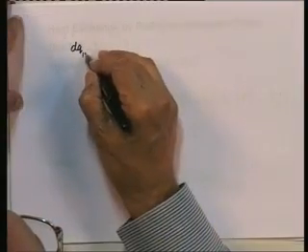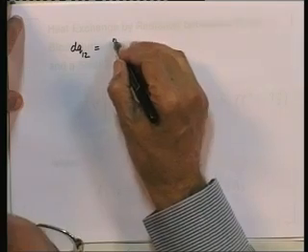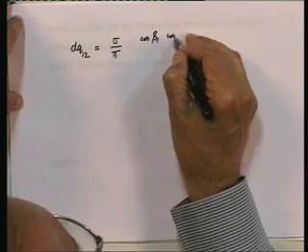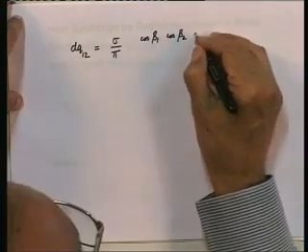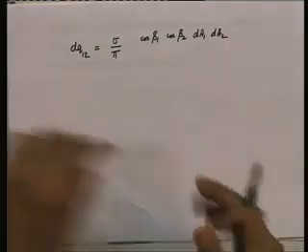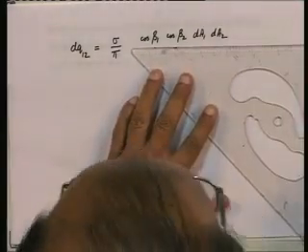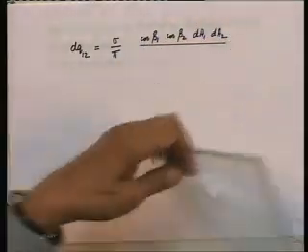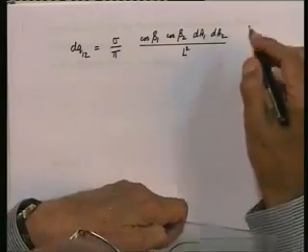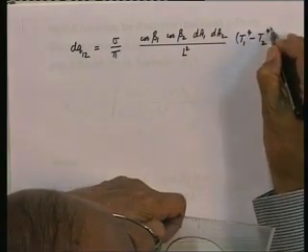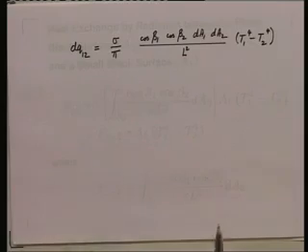What was our expression? dQ1 to 2 between two differential areas is sigma by pi cosine beta 1 cosine beta 2 dA1 dA2 divided by L squared, multiplied by T1 to the power of 4 minus T2 to the power of 4. That is our expression for heat exchange by radiation between two differential areas.